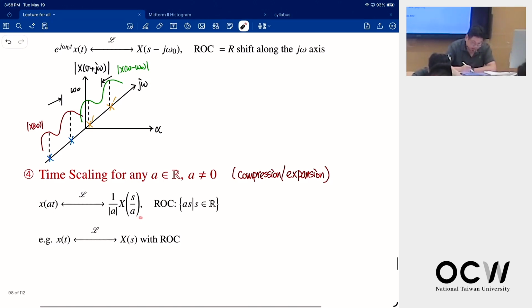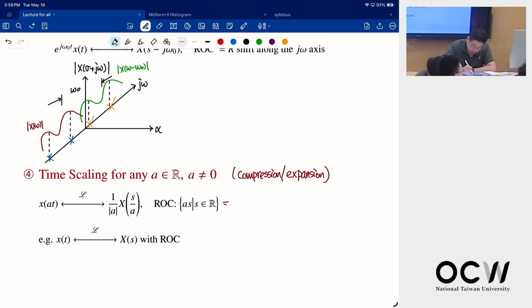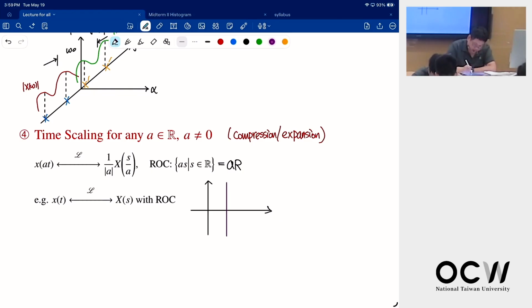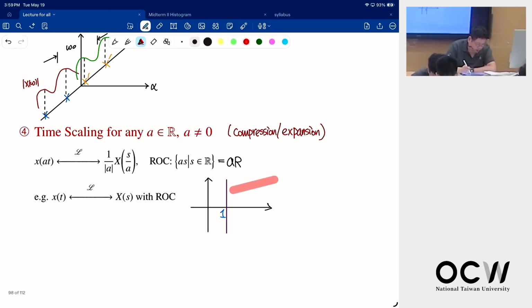The region of convergence, in the past that's R, and here we have aR. For example, if my Laplace transform has the region of convergence like this, suppose it is 1 here, and it is to the right.